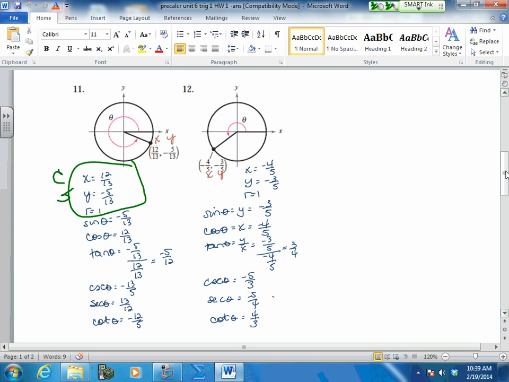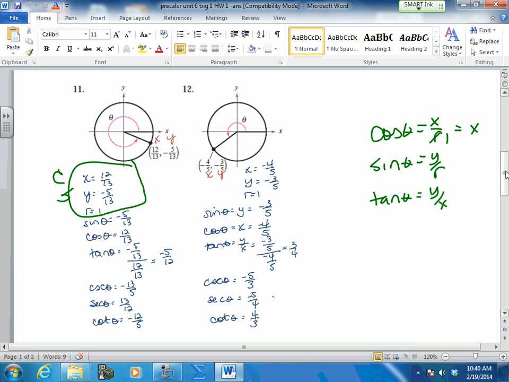Cosine, remember when we had this on your sheet? X over r. Of course, on the unit circle, since r is 1, then it's x. Sine, y over r. Tangent, y over x. And your reciprocals, you just flip them over. I think it's easier to use the numbers and then flip them rather than to say r over x.